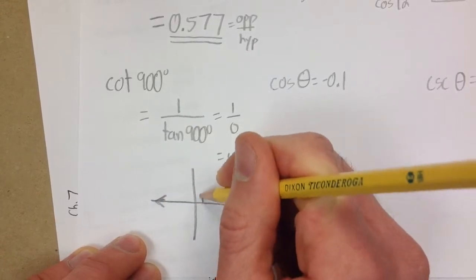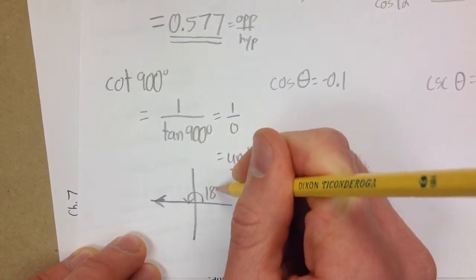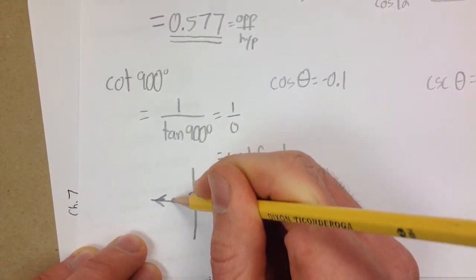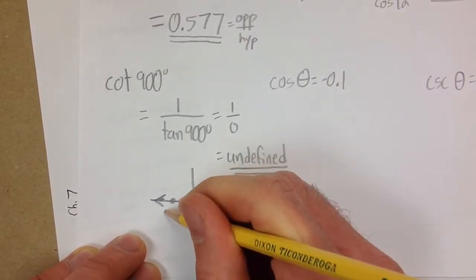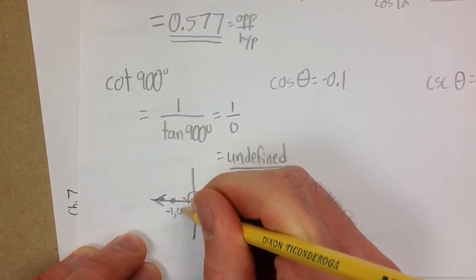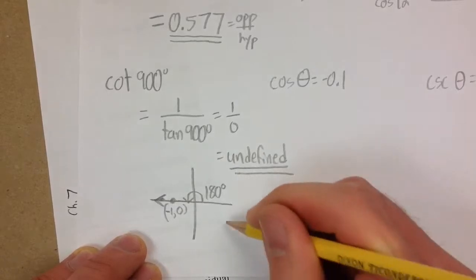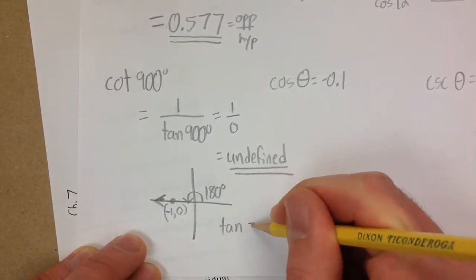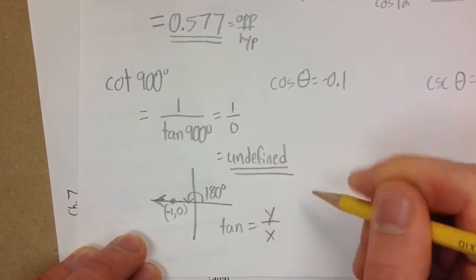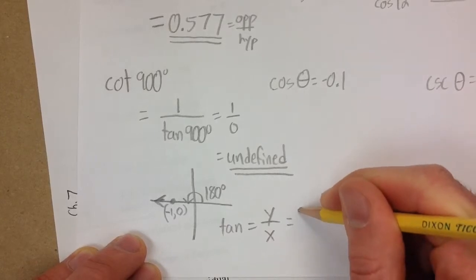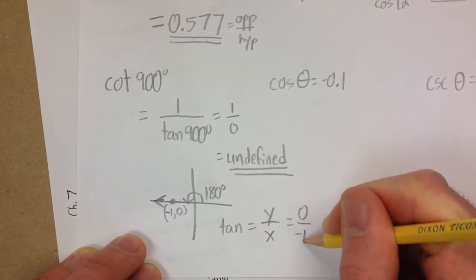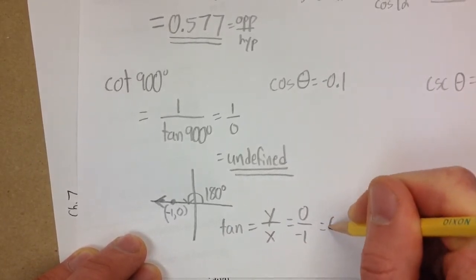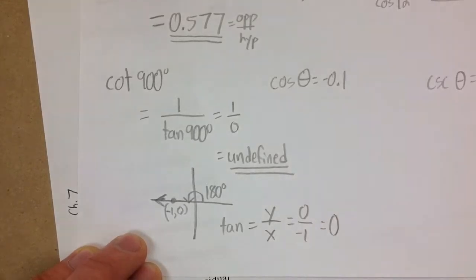It's here. Pick a point on the terminal side, for example, -1, comma 0. Tangent is y over x. So the y coordinate is 0. The x coordinate is -1. So the tangent is going to be 0. And you cannot divide by 0.